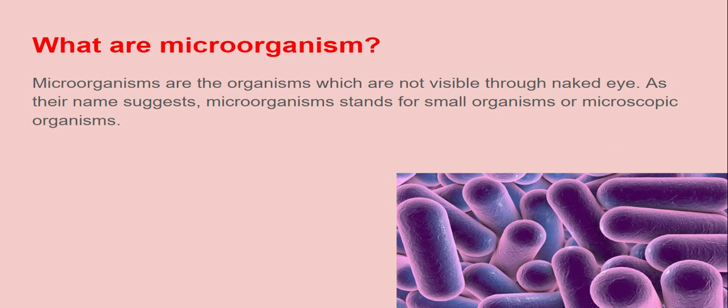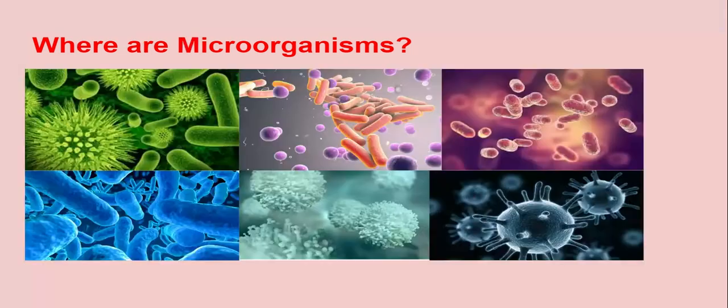Microorganisms are the organisms which are not visible through the naked eye, means that you can't have a look at them with your naked eyes. You need a microscope or something for them. And as the name suggests, micro means small and organisms means organisms. Right, so let's move on.